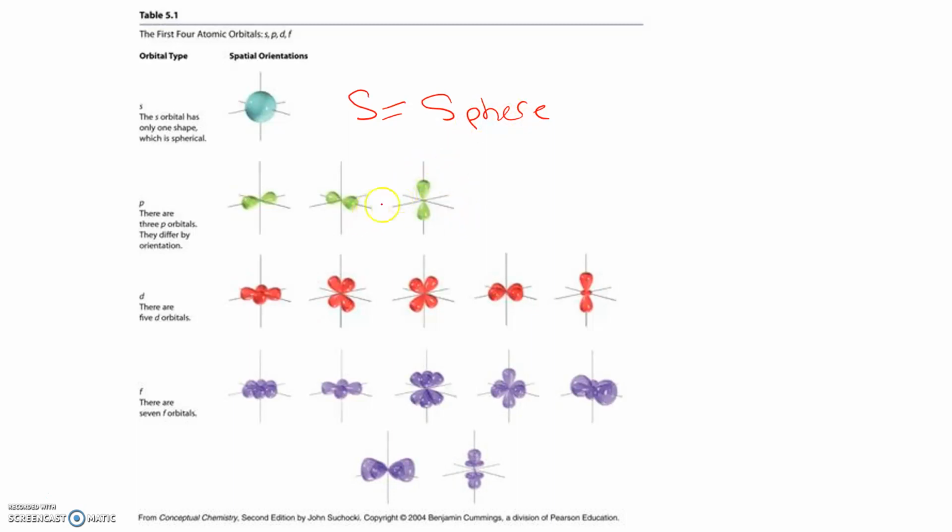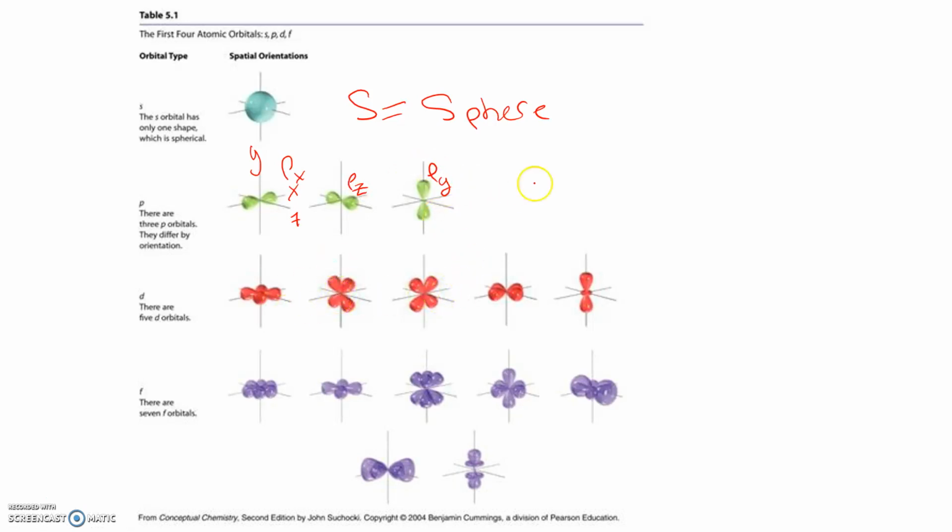We're talking about 3-dimensional space, which is why we have a Z axis. So we have X, Y, and Z. The p's that go along the X axis we call p sub x, the ones on the Z axis we call p sub z, and the ones along the y-axis we call p sub y.